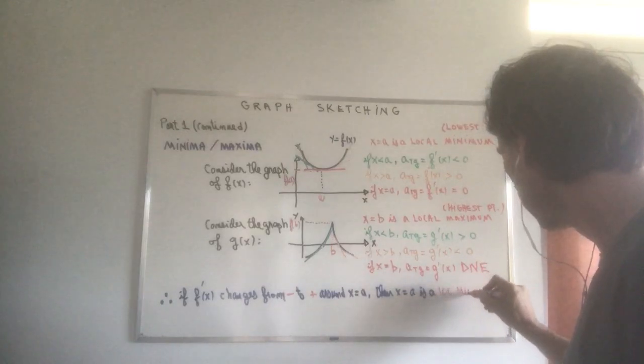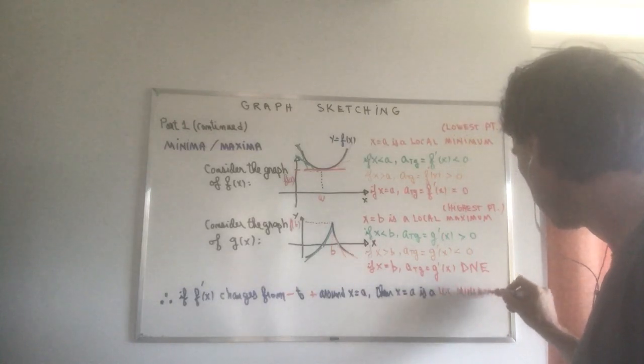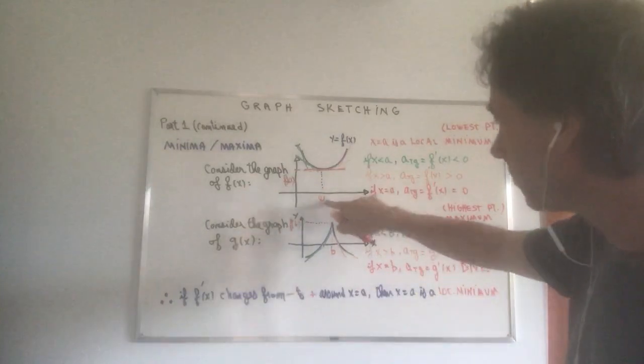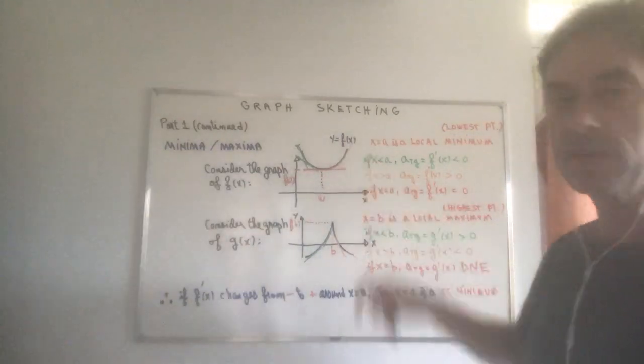Like this point here, it also has a tangent line that is 0, of course. We will make note of that in a minute.